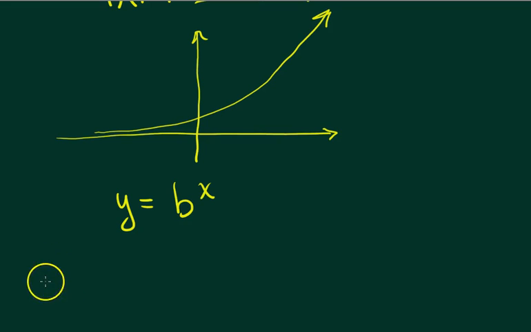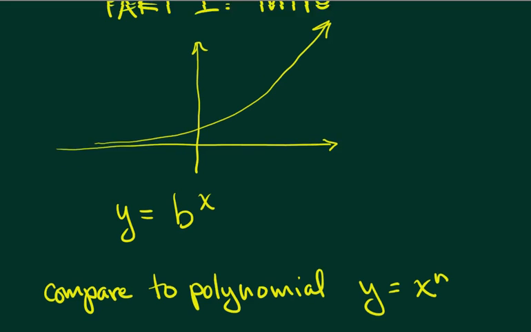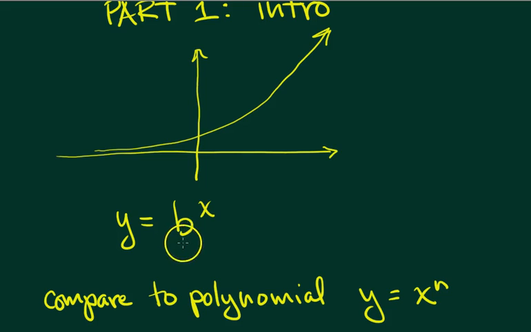So let's compare this with a polynomial, y is equal to x to the n, and talk about what's special about exponential growth. Even with a very small base, the value x is going to get bigger and bigger and bigger.